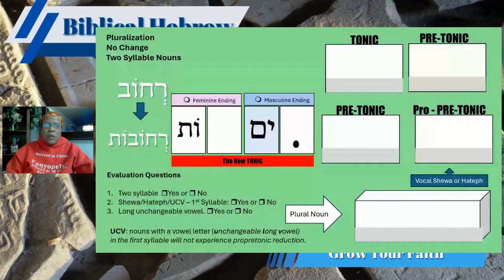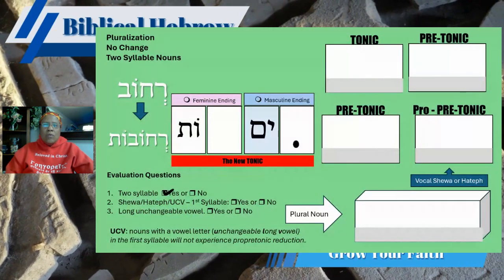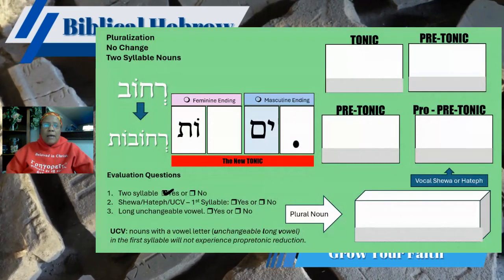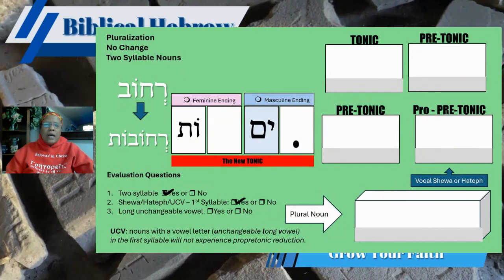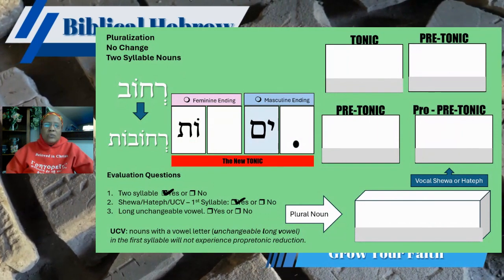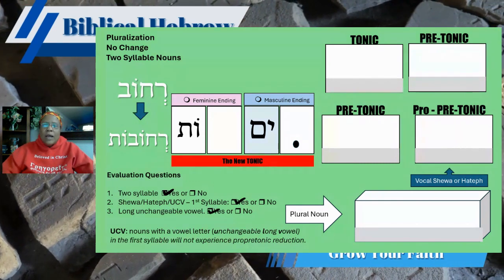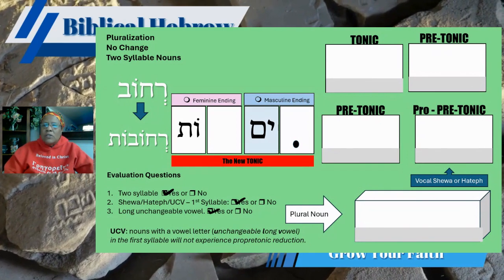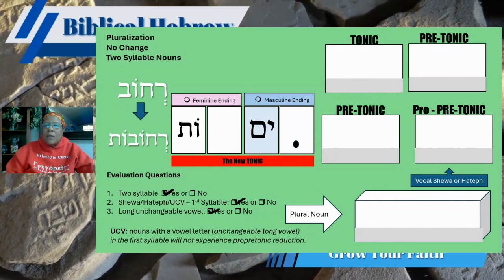So the questions below: is it two syllables? Yes, it is. Rahov. And the next one, does it have a schwa in the first syllable? Yes, it does. And then is there an unchangeable vowel, which is really a key indicator that you're not going to have any vocalic changes? Yes, there is. Okay, so let's write out what's going to go in the pretonic.